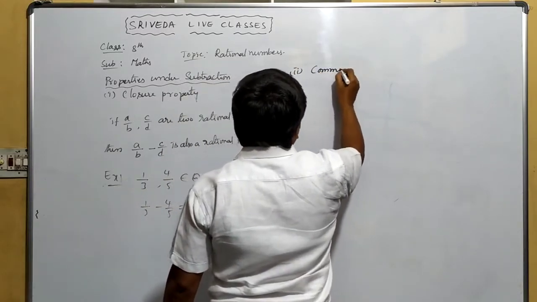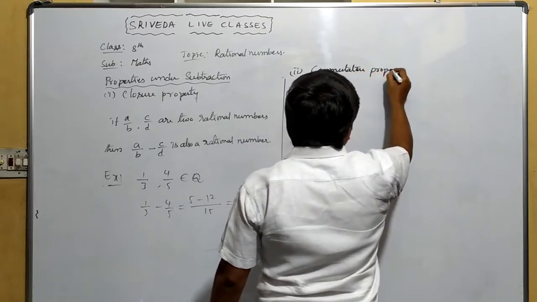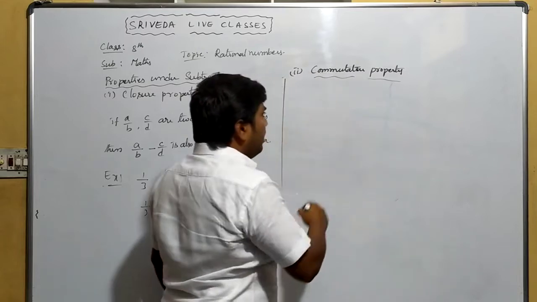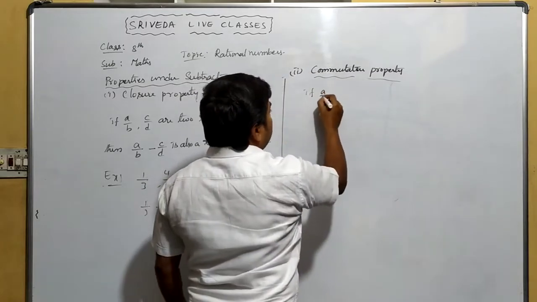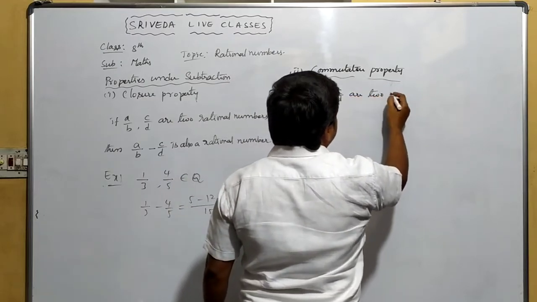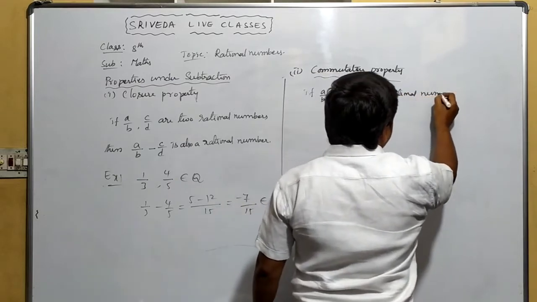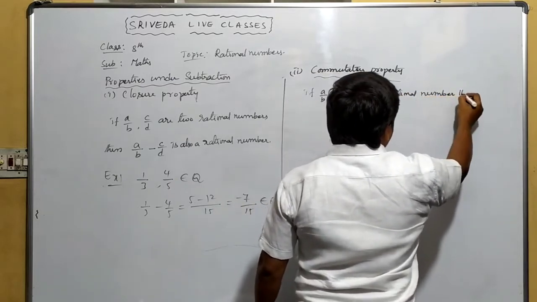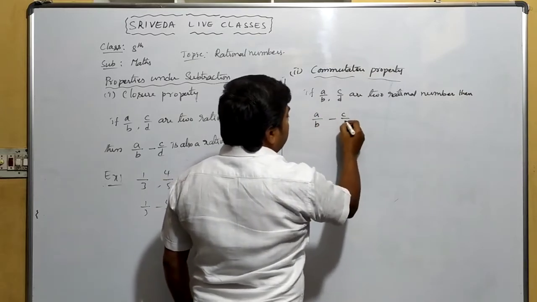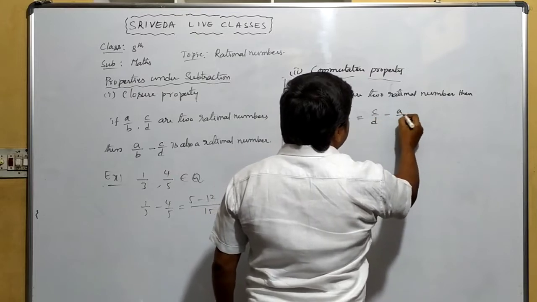Next, the second property is the commutative property. In the same way, if a by b, c by d are two rational numbers, then a by b minus c by d equals c by d minus a by b.